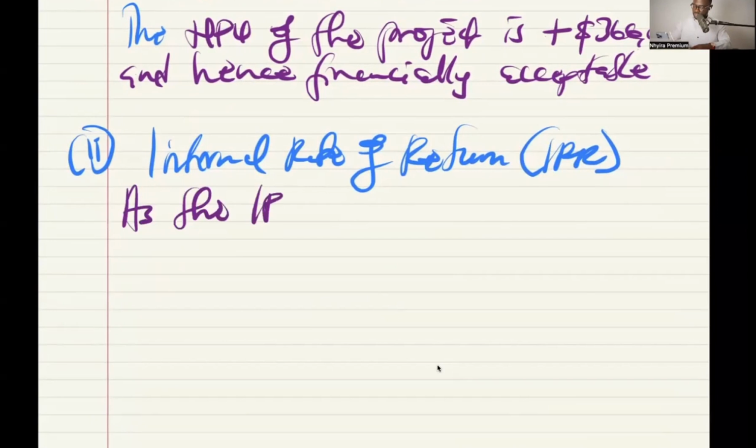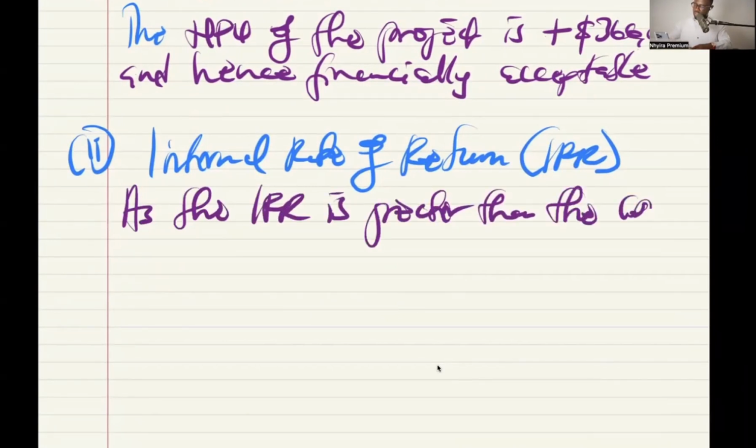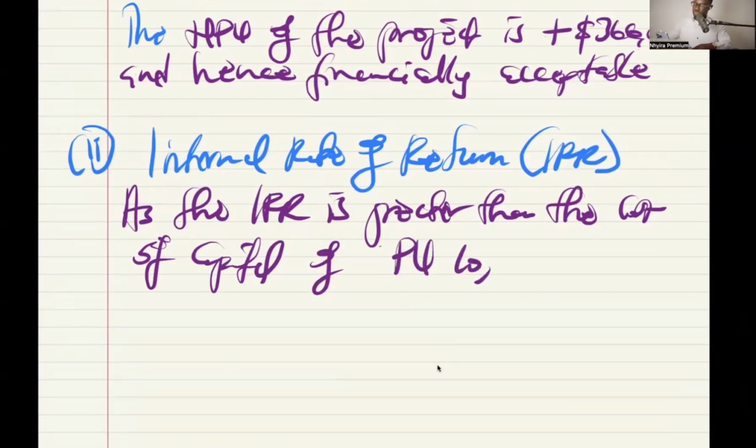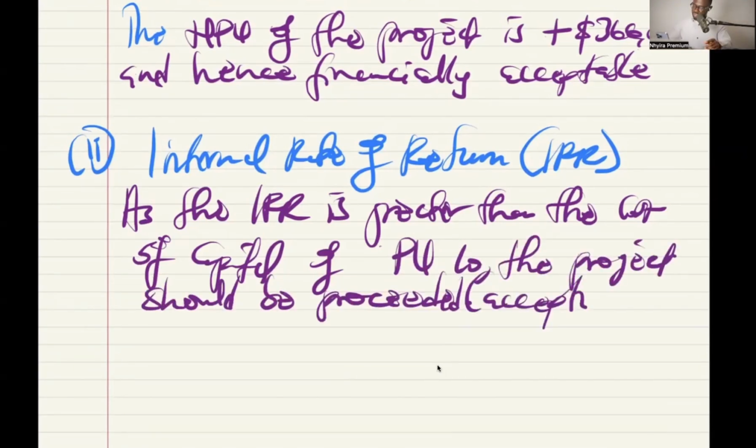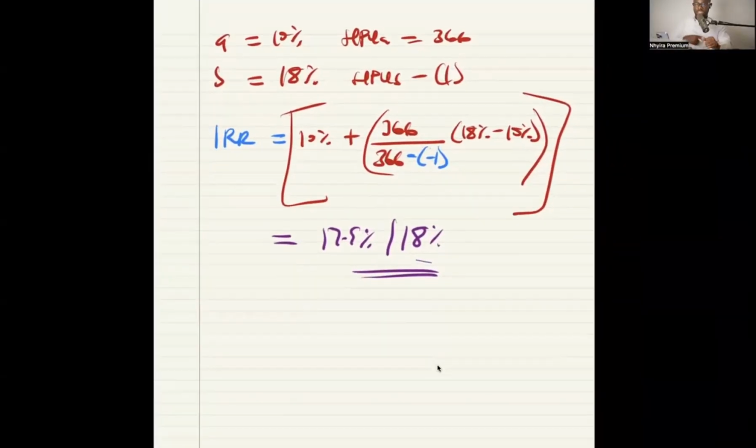As the internal rate of return is greater than the cost of capital of this PV Co, the project should be accepted. That is how we deal with internal rate of return.